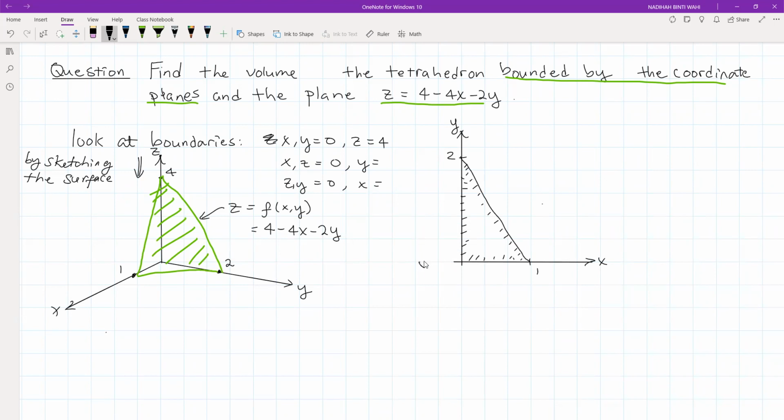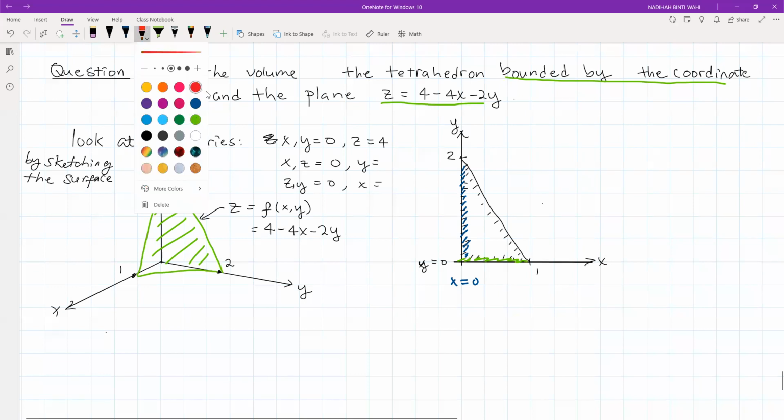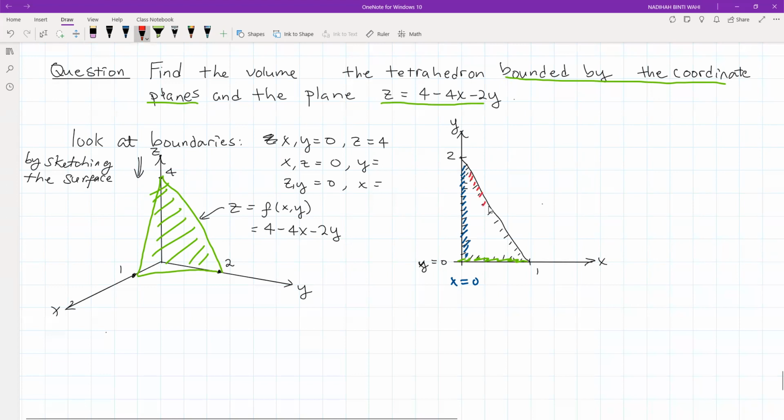So this is the boundary y equals 0, and then this is x equals 0, the boundaries on the vertical part. Okay, and then this line right here is the equation line. Okay, so we need to find this equation line.